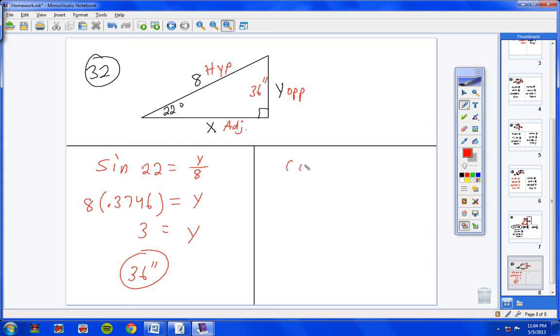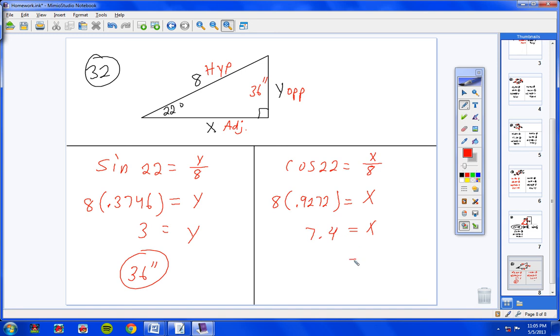Now let's use cosine. Cosine of 22 degrees equals adjacent, which is x, over hypotenuse, which is 8. Multiply the right side by 8, you're left with x. Multiply the left side by 8, and you have 8 times the cosine of 22. Now the cosine of 22 is 0.9272. Multiply those two numbers together, and you'll come up with 7.4.